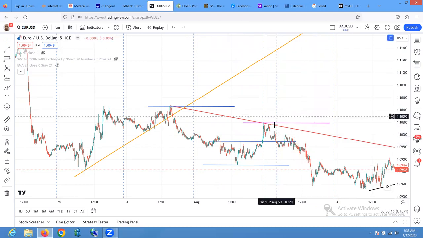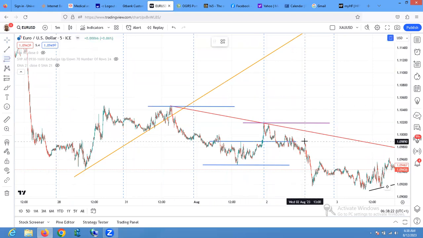Now, if this one is going into a new trend to the upside, it has to go beyond 161.8 before I can say it's a new trend to the upside.